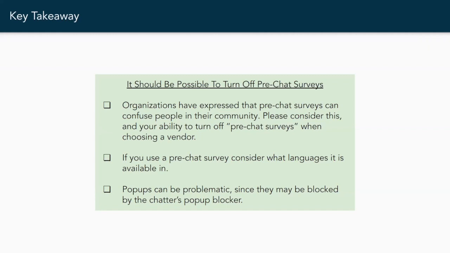I've encountered a situation where survivors were filling out the pre-chat survey, requesting service, and then their pop-up blocker was blocking them from actually getting any kind of services. This was an issue that a lot of survivors were running into, and they were not able to connect with an advocate at that time.